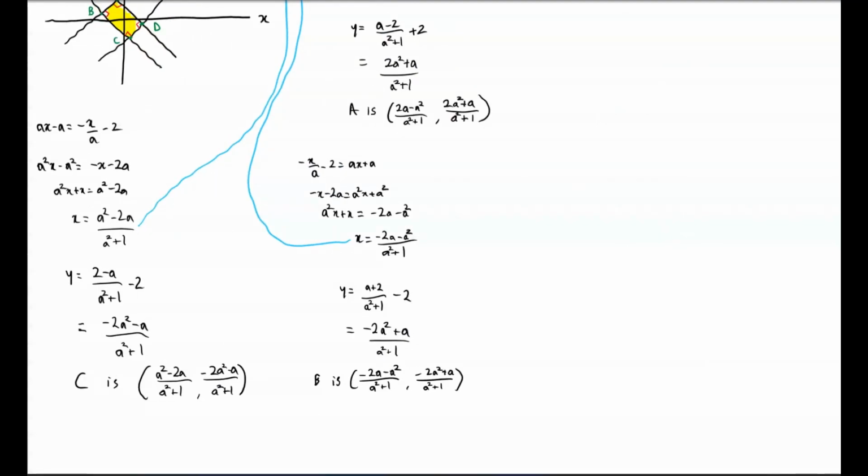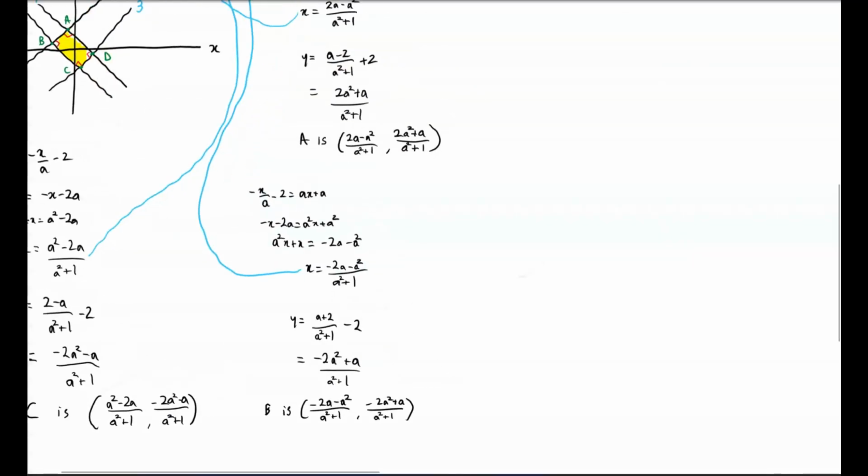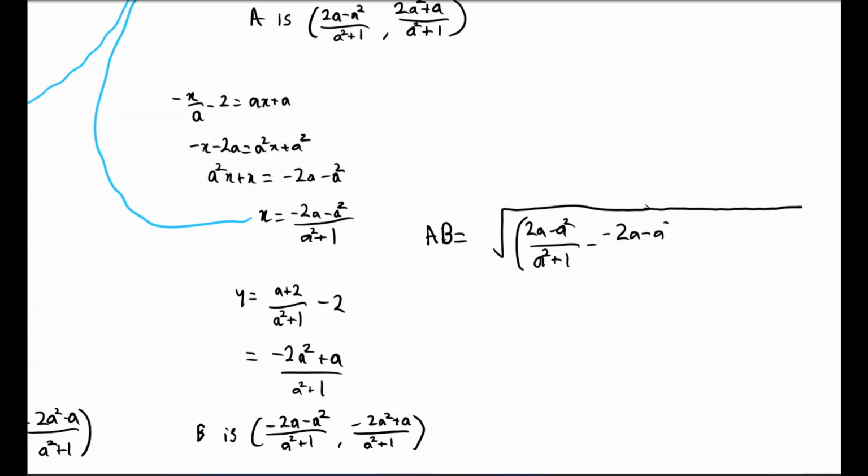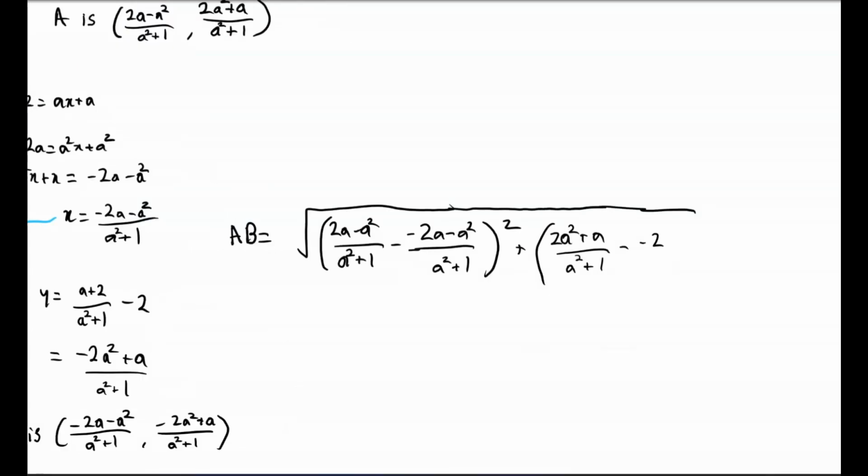So now we can find the lengths AB and BC. So we'll start with AB. Length AB is going to be given by the square root of 2a minus a squared over a squared plus 1 minus 2a minus a squared over a squared plus 1, all squared, plus 2a squared plus a over a squared plus 1 minus 2a squared plus a over a squared plus 1, all squared.